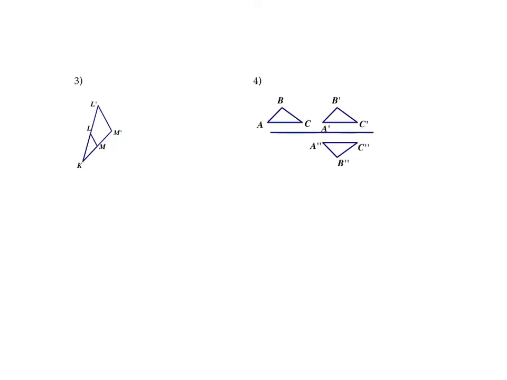All right, our third example, we're taking triangle KLM, the little triangle, and transforming it into triangle K prime, L prime, M prime. So the first thing that I notice is that the two triangles are not congruent. And if the two figures are not congruent to each other, it's not rigid motion, because the size has changed.